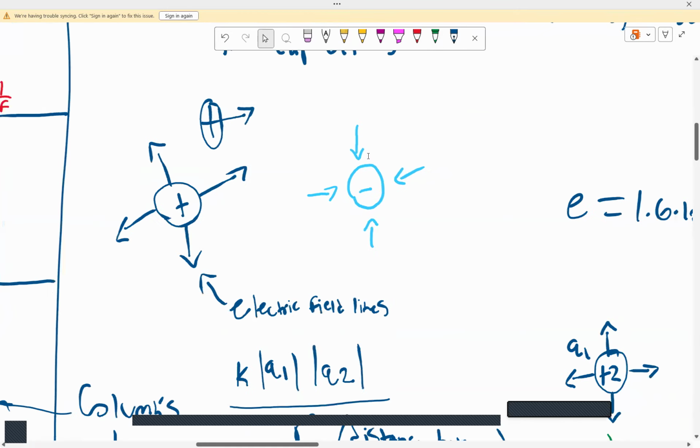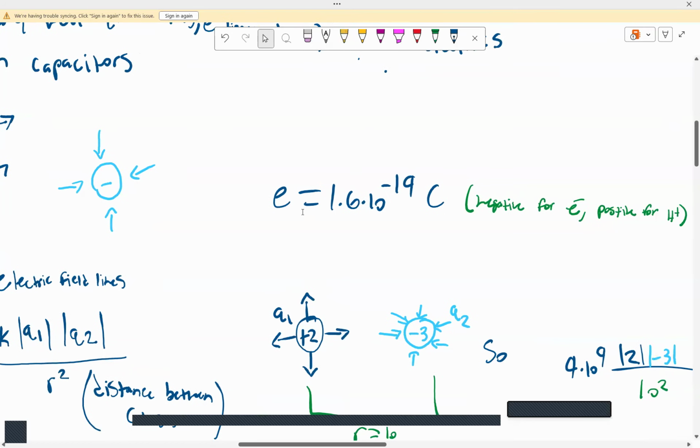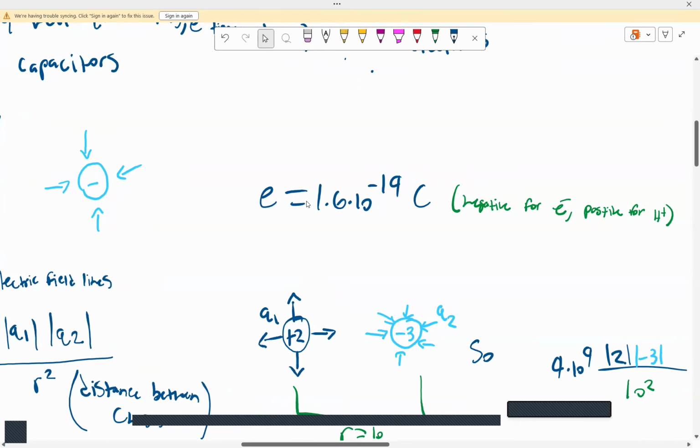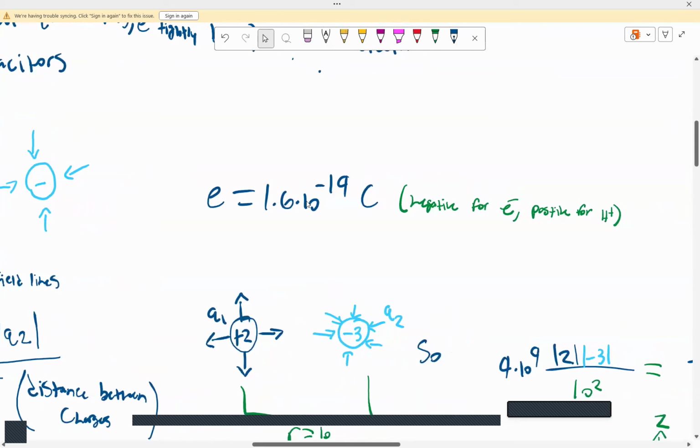Hopefully that makes sense. And then over here, I have what a coulomb is equal to. So the elementary charge e is equal to 1.6 times 10 to the negative 19th coulombs. And this is the same value, but it's negative for an electron and positive for a proton.